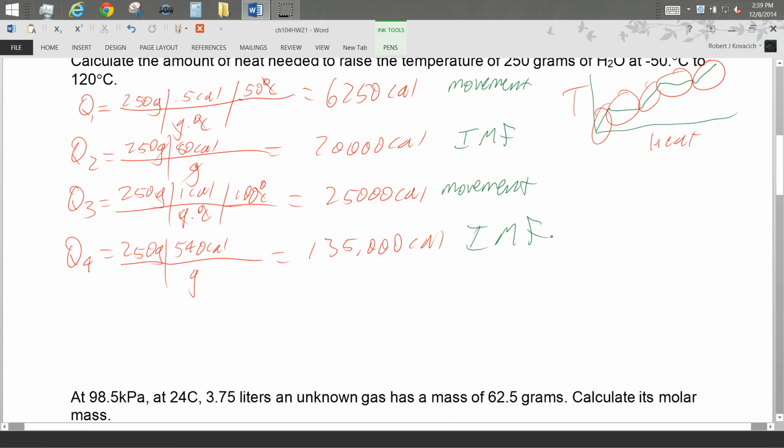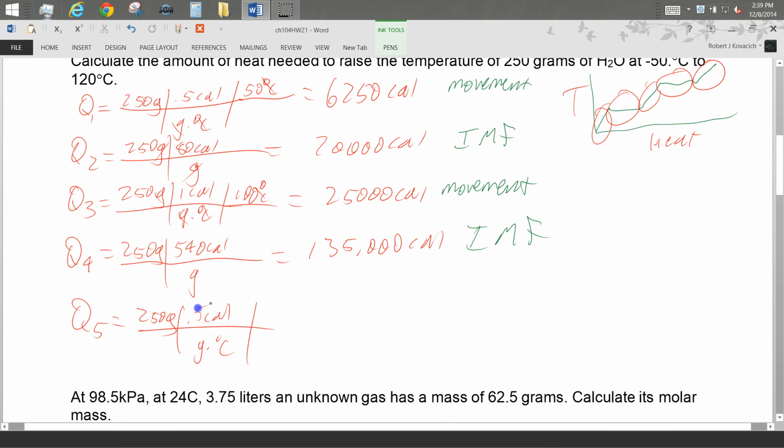All right. And the last piece of this, we're going to raise the temperature of our steam from 100 degrees Celsius all the way up to 120 degrees Celsius. So it's going to be 250 grams. And then I'm back to that 0.5 calories per gram degree C. Isn't it? 0.5. That's what I put. What did I say? 5? Yeah, sorry.